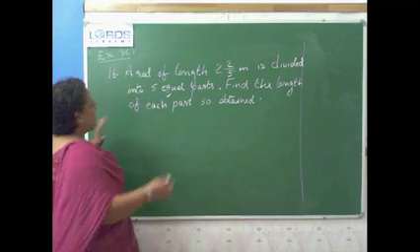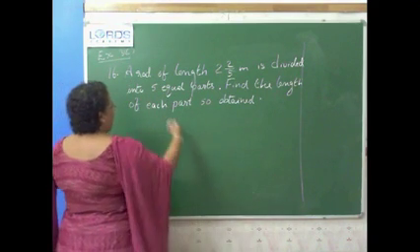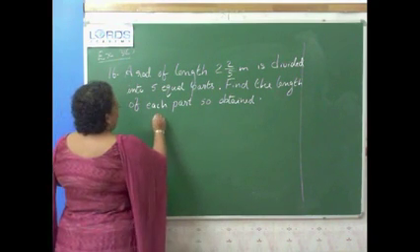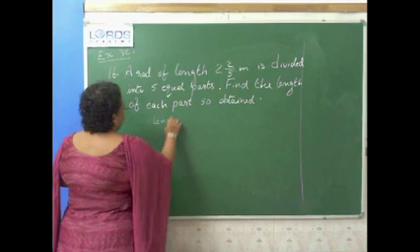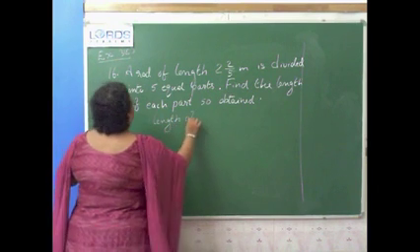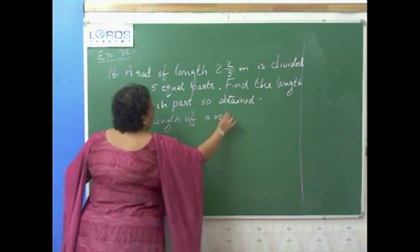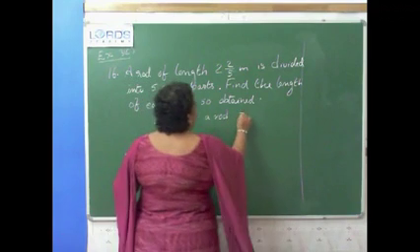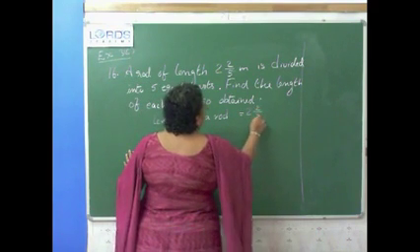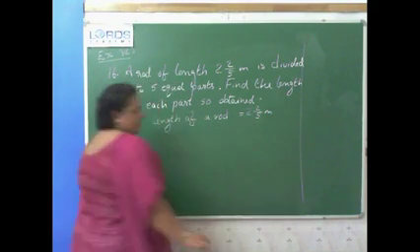So we are just going to write what is given and find the things. Length of a rod is equal to 2 by 5 meters.